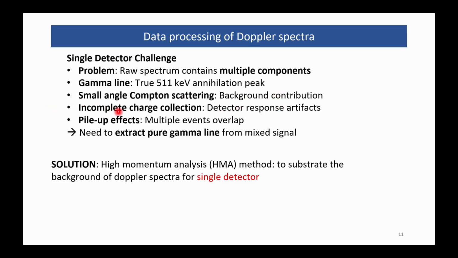You have incomplete charge collection from the detector. You have the pile-up effect. So we actually need to extract the pure gamma line. The solution here is the HMA method, which stands for high momentum analysis, to subtract the background Doppler for a single detector.